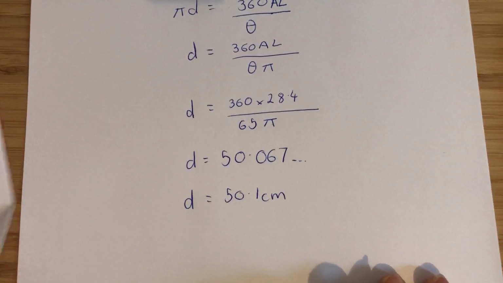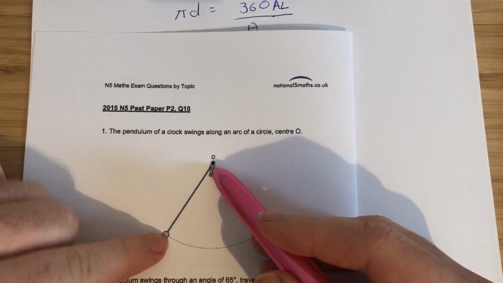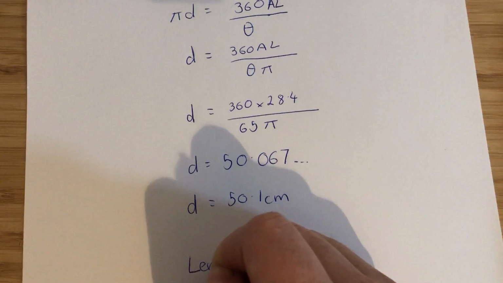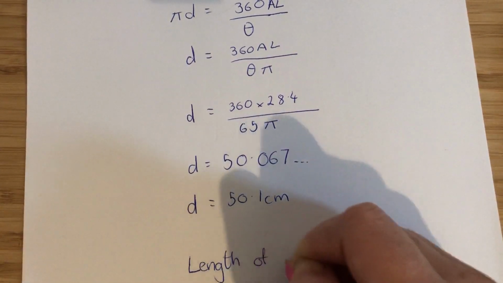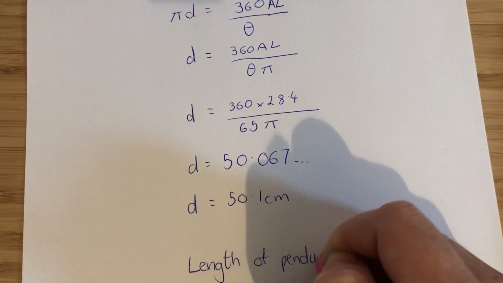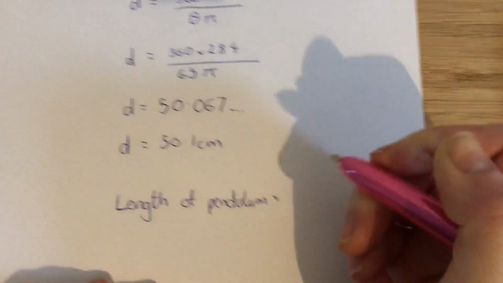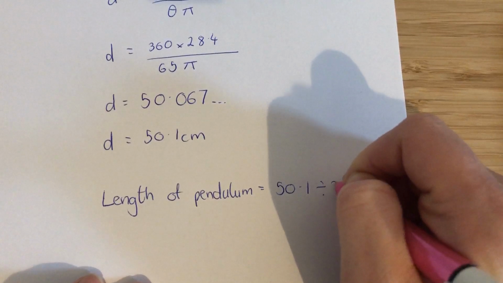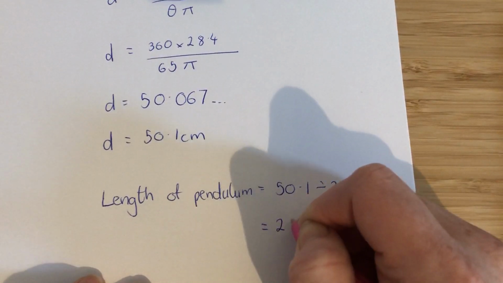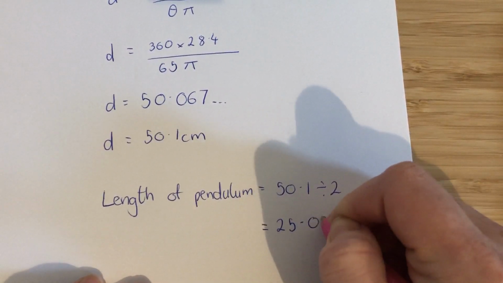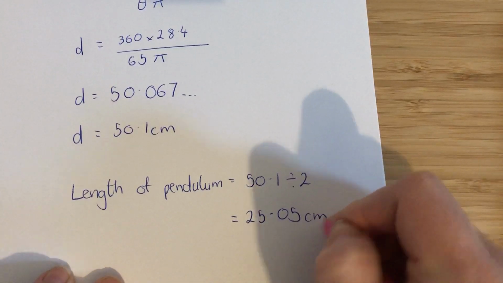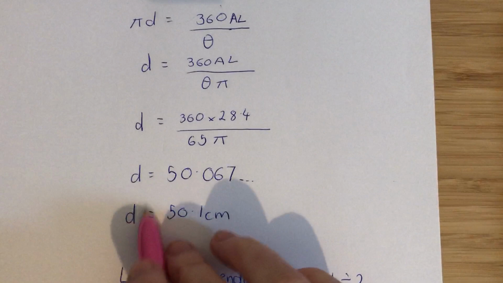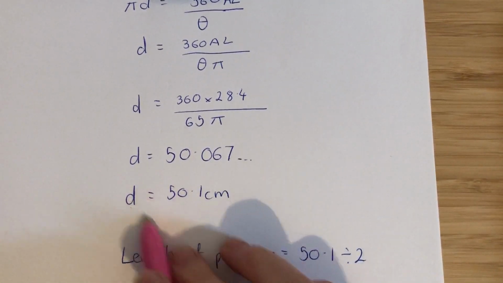Not quite the end because we're actually looking for the length of the pendulum, which is the radius. So the length of the pendulum is 50.1 divided by 2, which is going to be 25.05 centimetres.